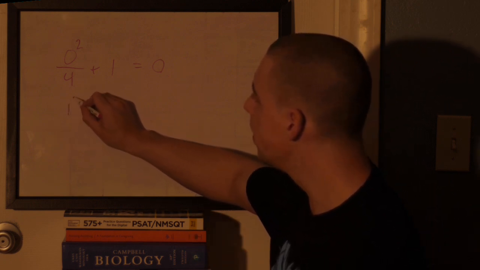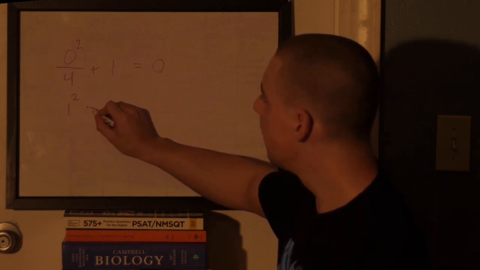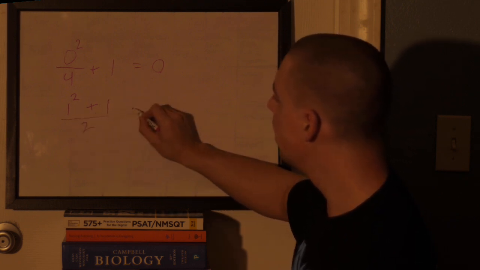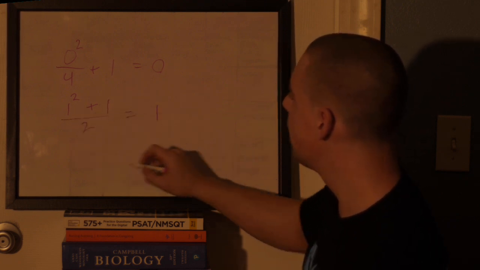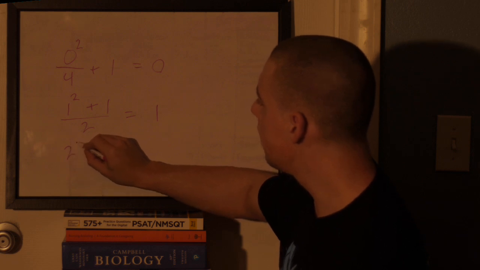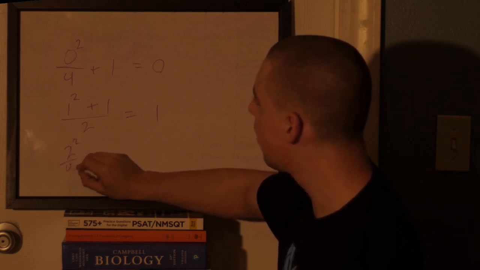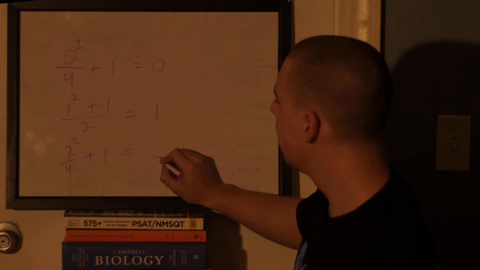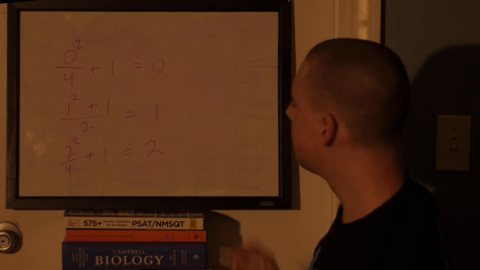You would plug in 1 squared plus 1 over 2 equals 1. 2 is an even number. 2 squared over 4 plus 1 equals 2.